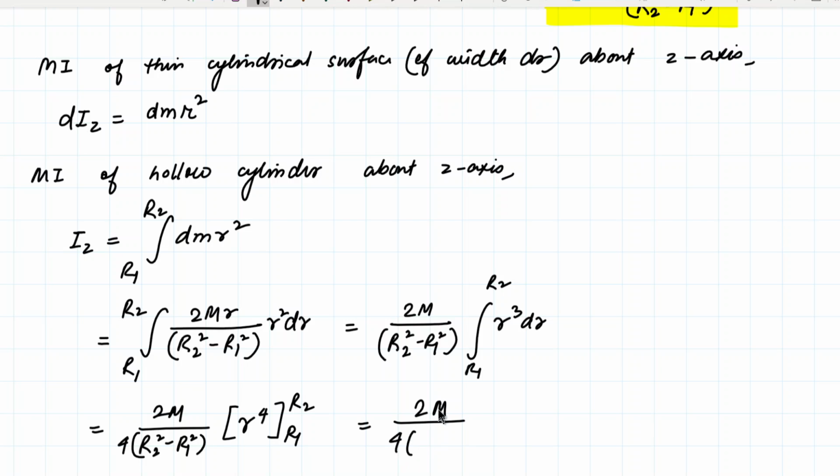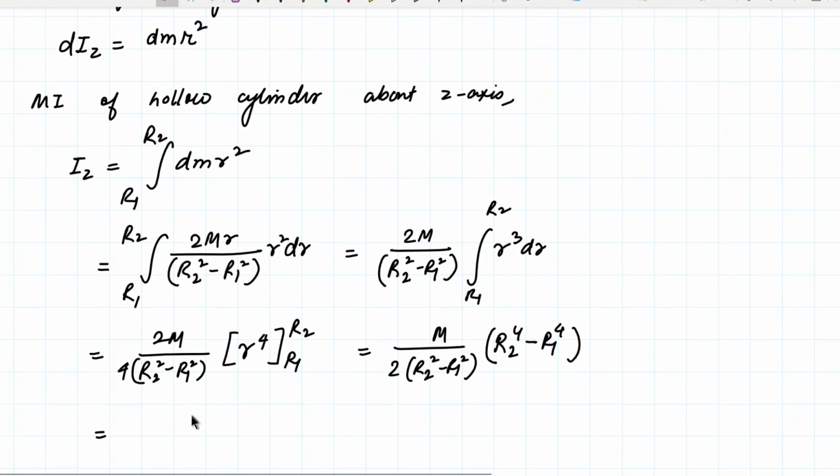This is equal to 2M upon r2 square minus r1 square, 4. So ये बन जाएगा 1 upon 2, half, r2 to the power 4 minus r1 to the power 4, which is quite simply put M/2 upon r2 square minus r1 square.